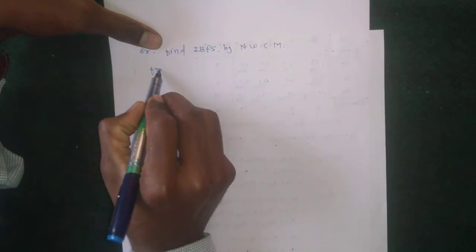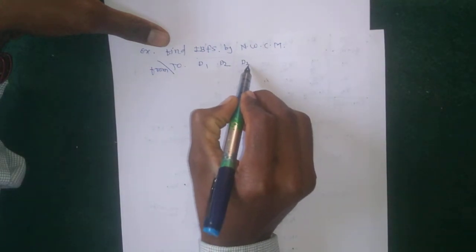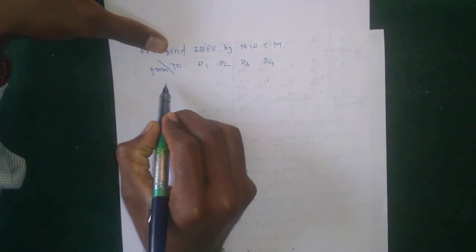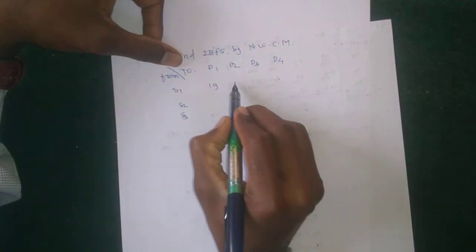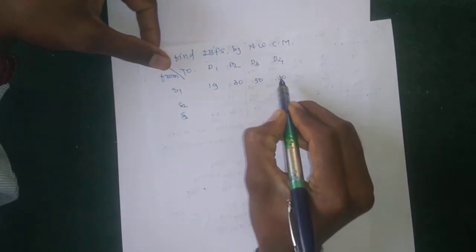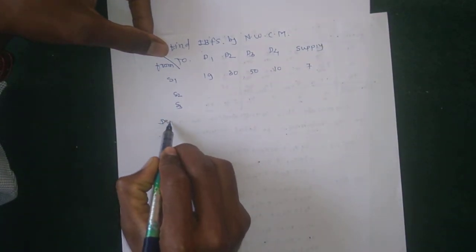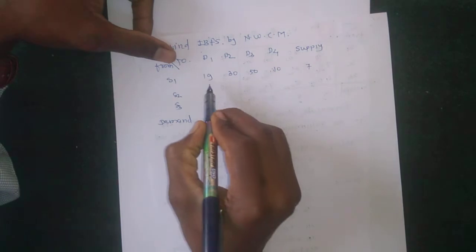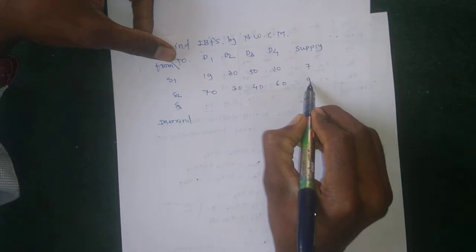The example is a transportation problem from S1, S2, S3 to D1, D2, D3, D4. The first row is 19, 30, 50, 10 with supply 7. The second row is 70, 30, 40, 60 with supply 9.